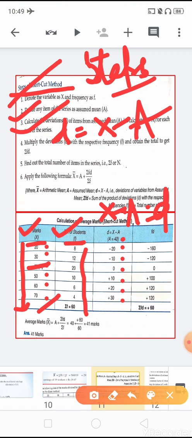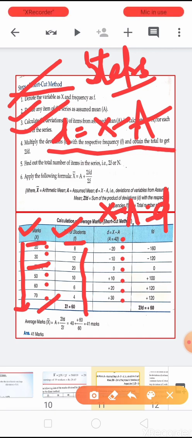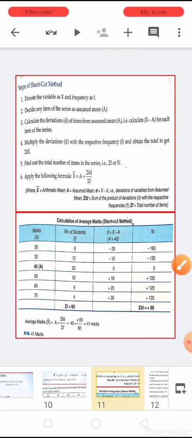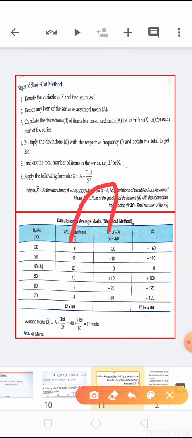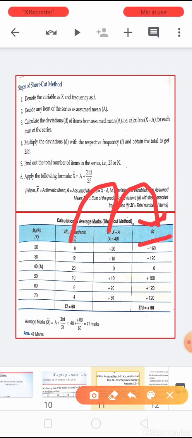Now the next step is to multiply the deviation with the respective frequencies to obtain the value of sigma fd. So we multiply the frequencies with these deviations, and we will get the value of sigma fd.